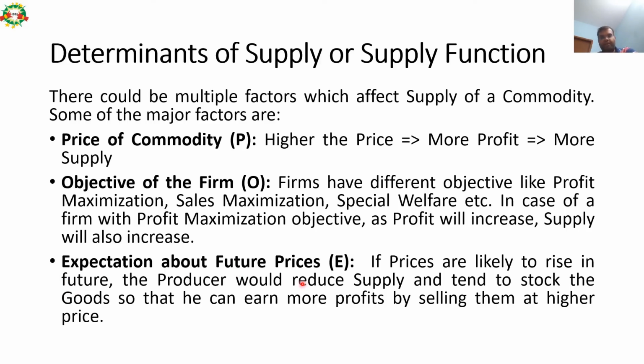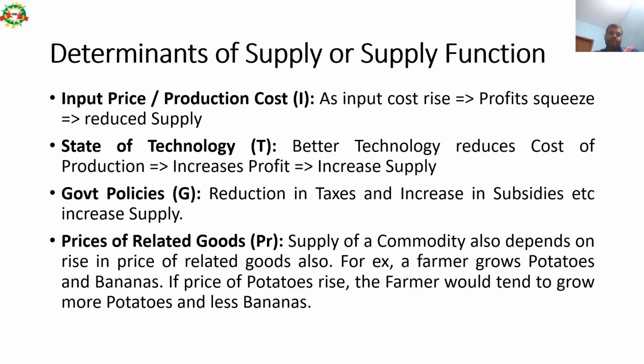Expectation about future prices, E. If prices are likely to rise in future, the producer would reduce supply and tend to stock the goods so that he can earn more profits by selling them at higher price in future. Input price, production cost.